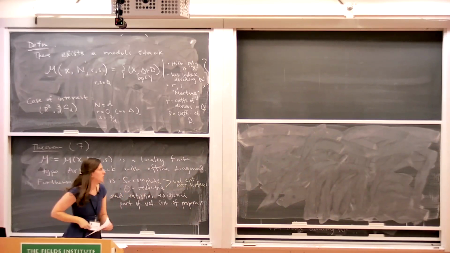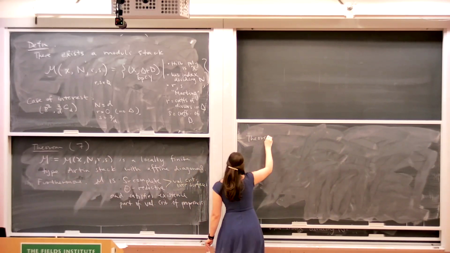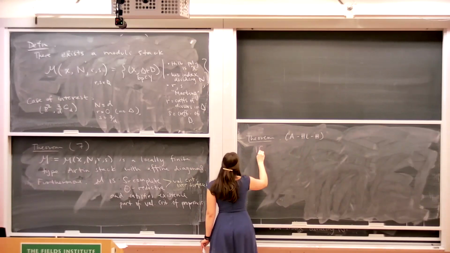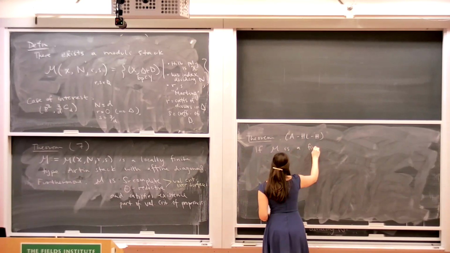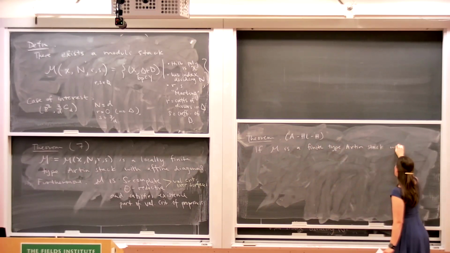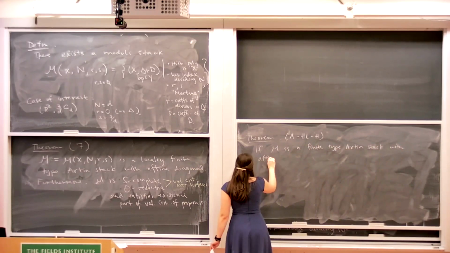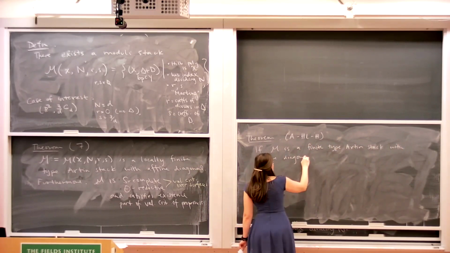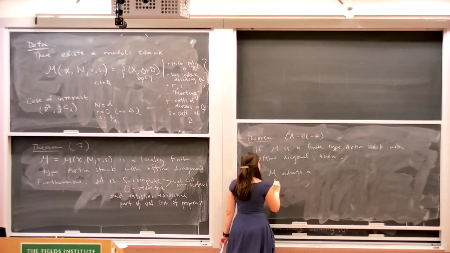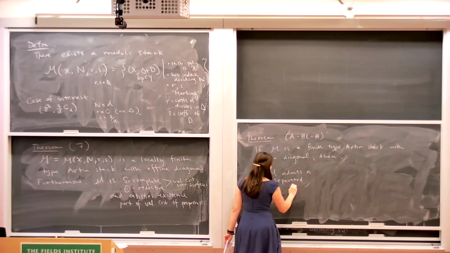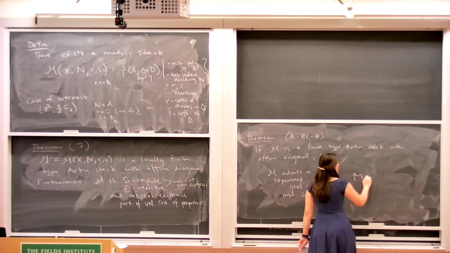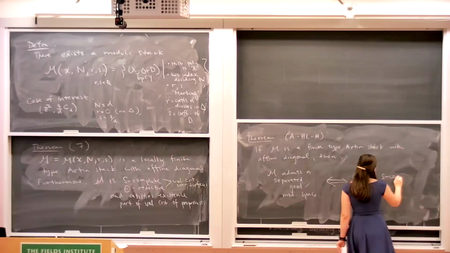This is a theorem due to Alper, Halpern-Leistner, and Heinloth: it doesn't quite apply in this case, but if M is a finite type Artin stack with affine diagonal, then M admits a separated good moduli space if and only if M is S complete and theta reductive.